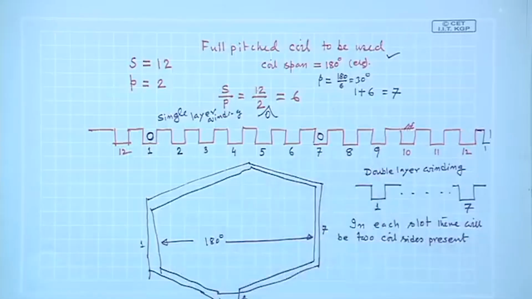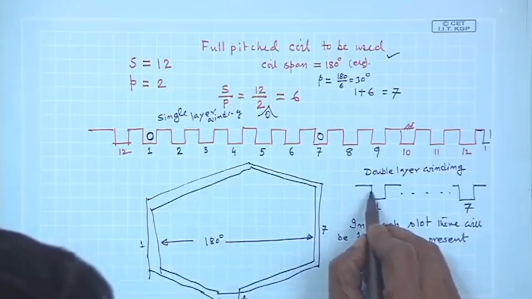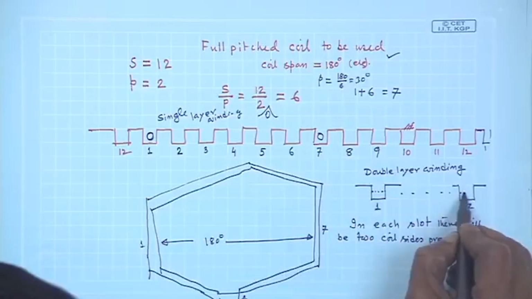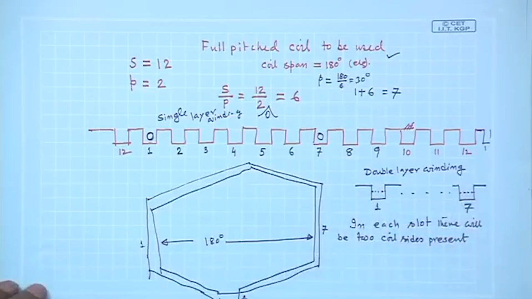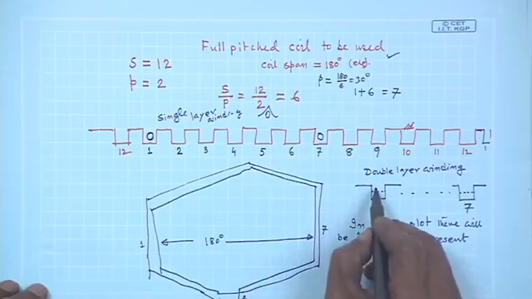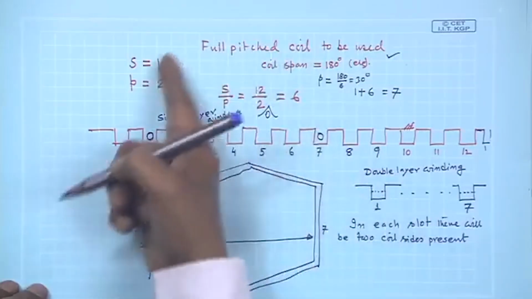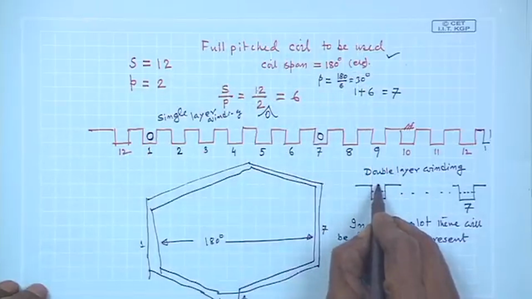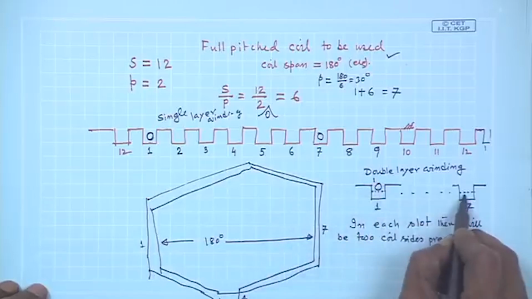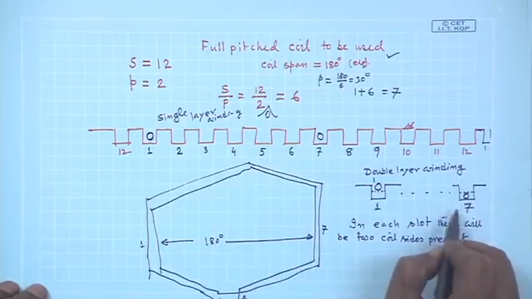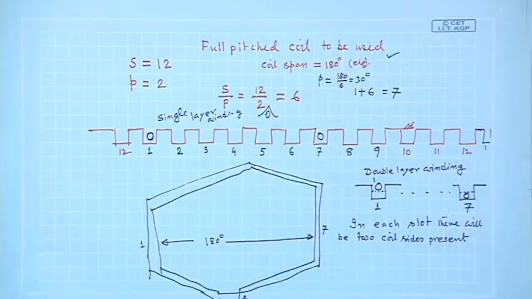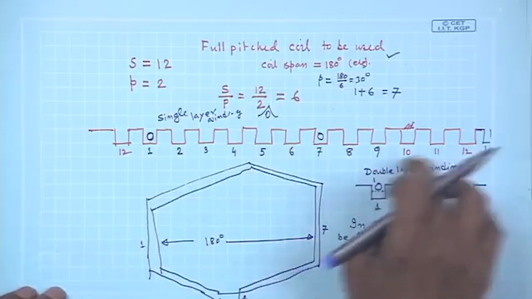If you imagine this slot, it will have an upper deck and a lower deck. For example, if I want to make a double layer winding of this, I will place one coil side here and its return I will place here. Understood? This is how my winding will progress.